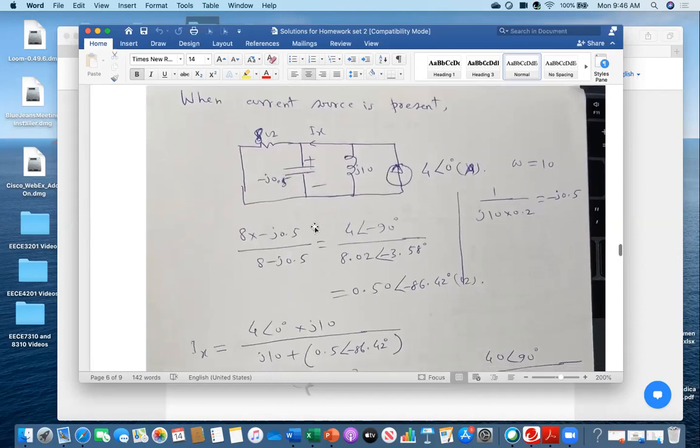And then now you see what you have to do. Your goal is to find out the voltage here due to this source. So what you have to do, if you can find out how much current is flowing through this one, and then that current multiplied by this impedance, that will be your voltage. So now this is current.